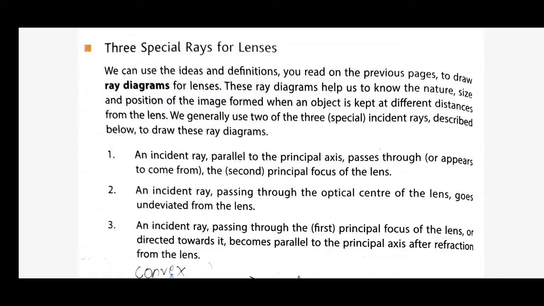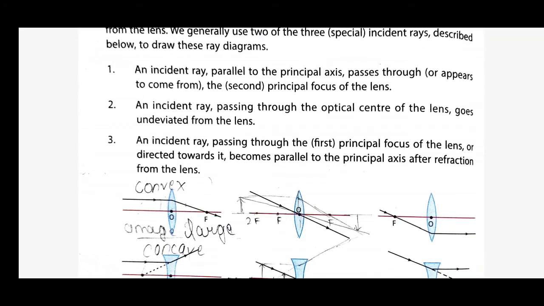It is similar to the important rays for the spherical mirrors, but there is some correction. So let us try to understand these important rays. This is important for the ray diagram, meaning the image formation.